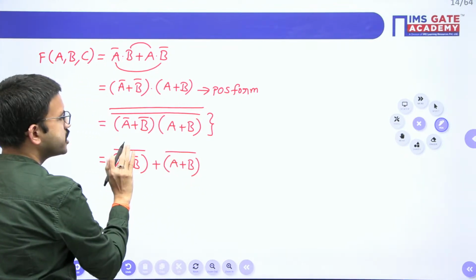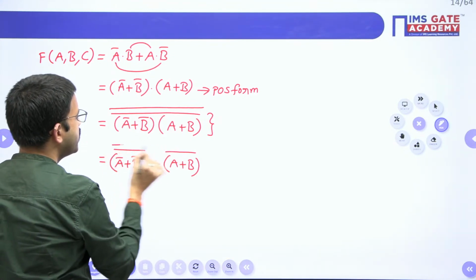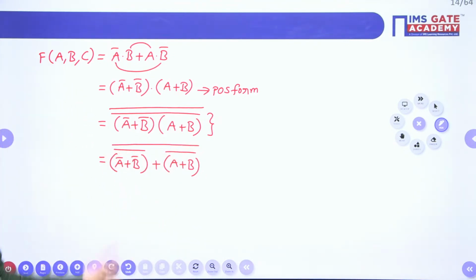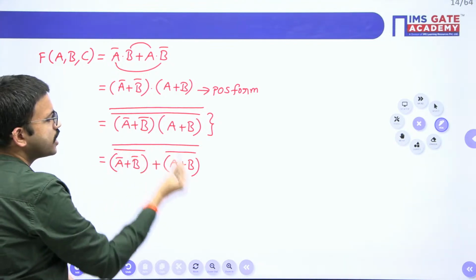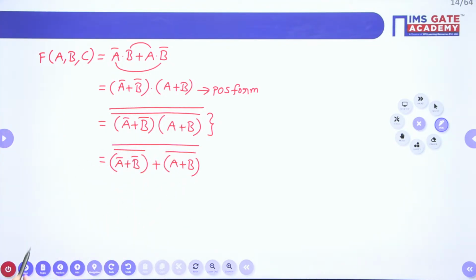First term complement plus second term complement, and keep external complement as it is. So just observe this expression. How many 2-input NOR gates do we require?